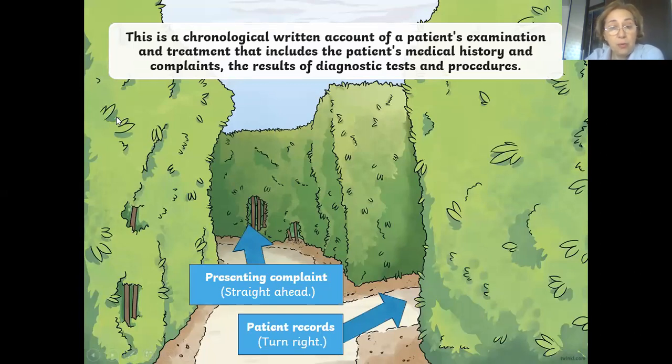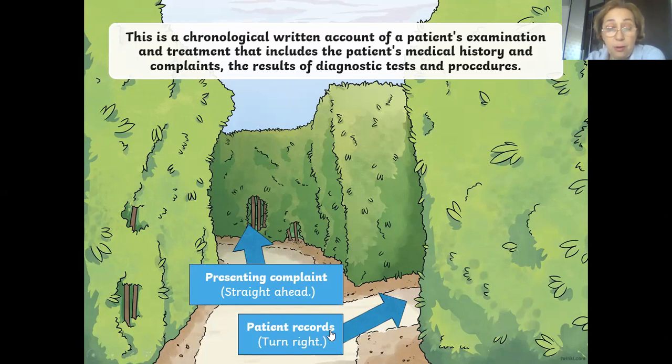Okay, and now about some other terms, like this is a chronologically written account of a patient's examination and treatment that includes the patient's medical history and complaints, the results of diagnostic tests and procedures. So, Abdelrahman, please. Patient records.